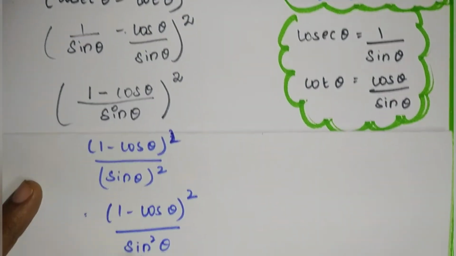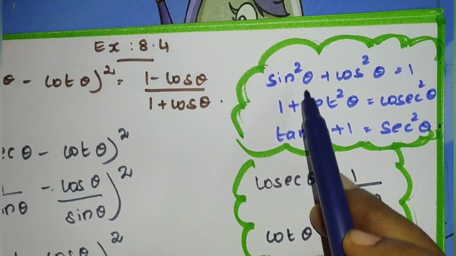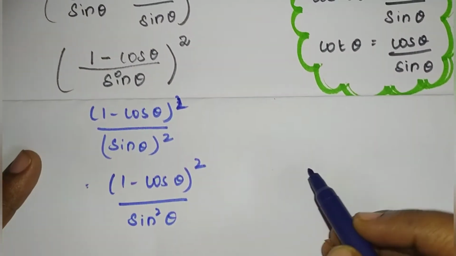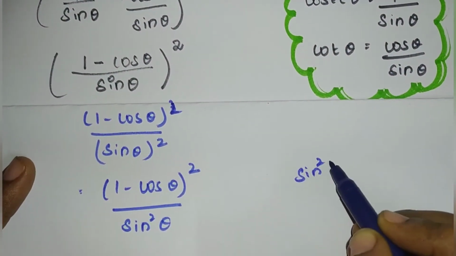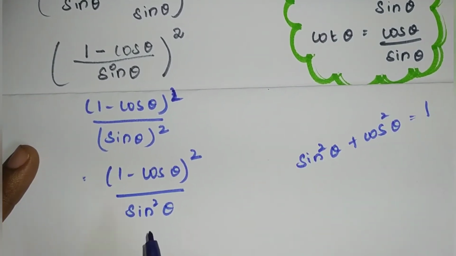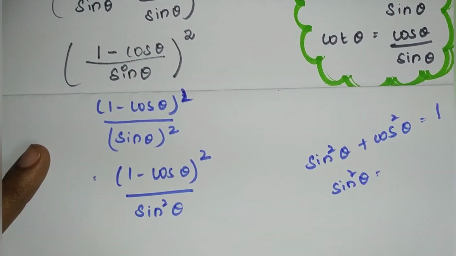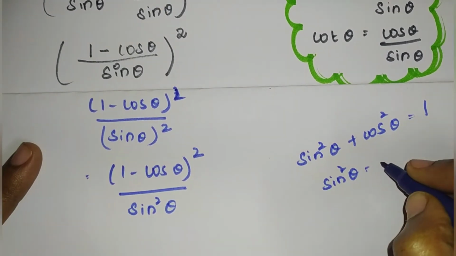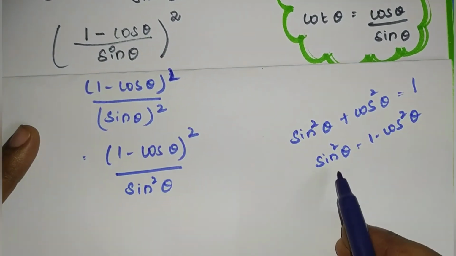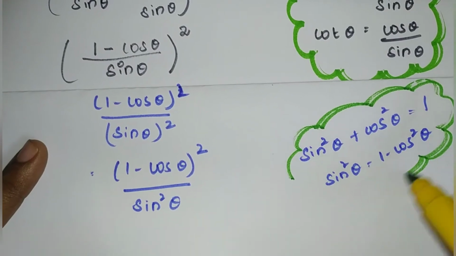Here we have sin square theta, so we can apply the trigonometric identity sin square theta plus cos square theta is equal to 1. Keep the sin square theta on the left hand side and shift the remaining things to the right hand side: 1 minus cos square theta. So instead of sin square theta, we can apply 1 minus cos square theta.